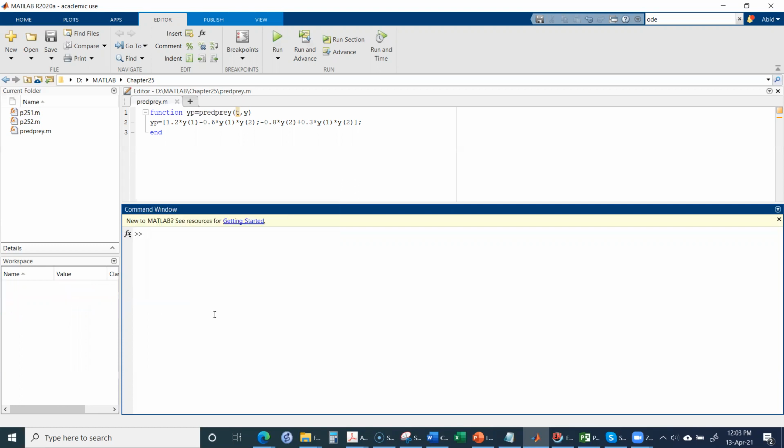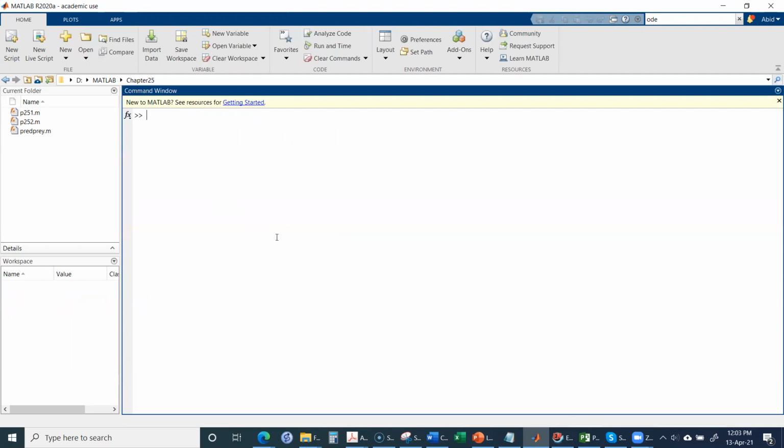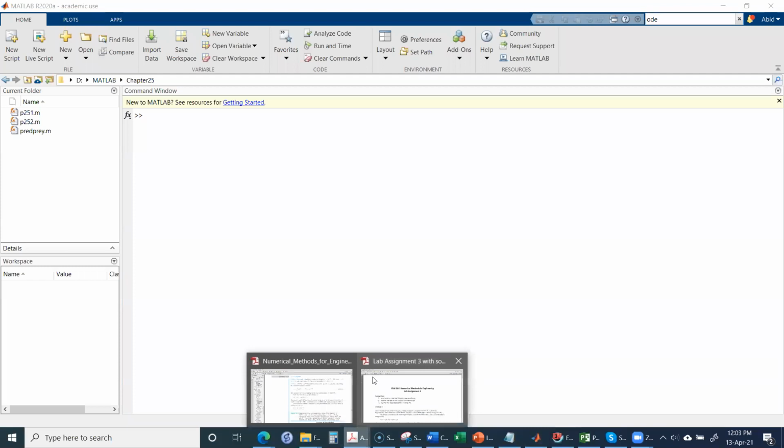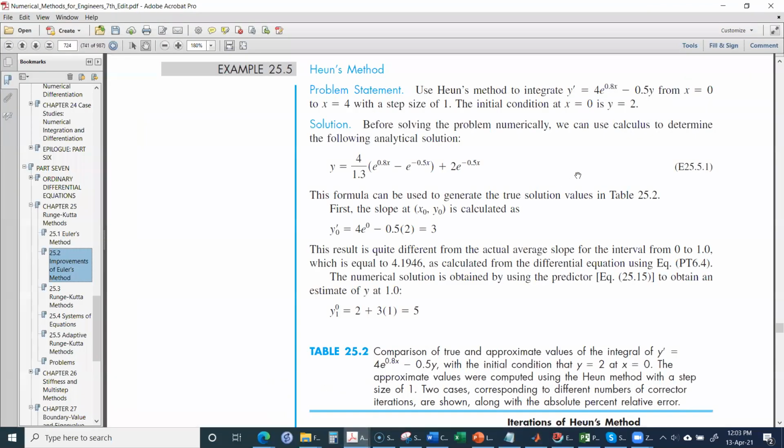Okay, so let me show you this. As I have told, I will take this example: y prime is equal to 4e^(0.8x) minus 0.5y. So we will solve it numerically using MATLAB.